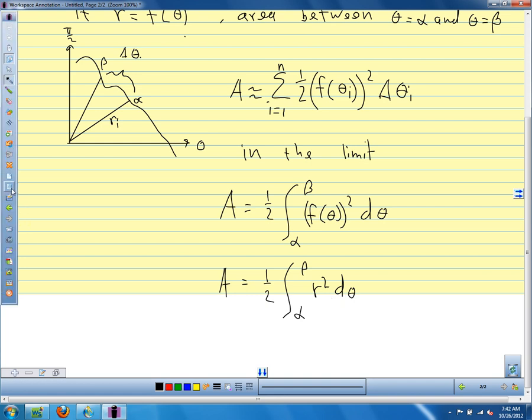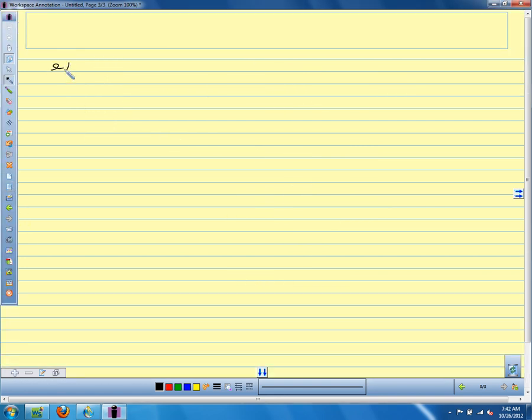All right. So we want to find the area of one petal of r equals 3 cosine 3 theta.